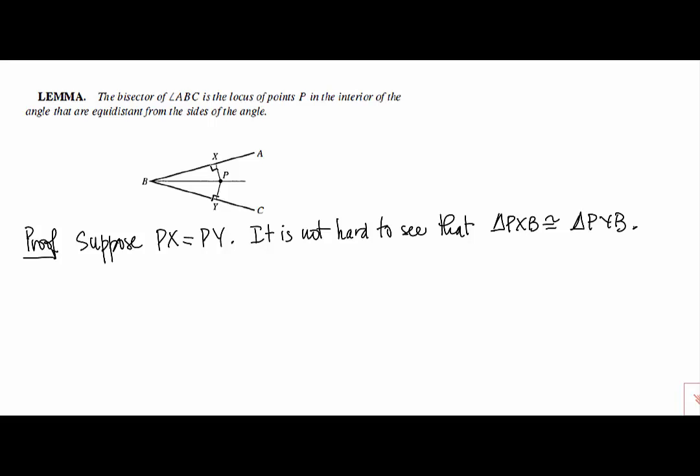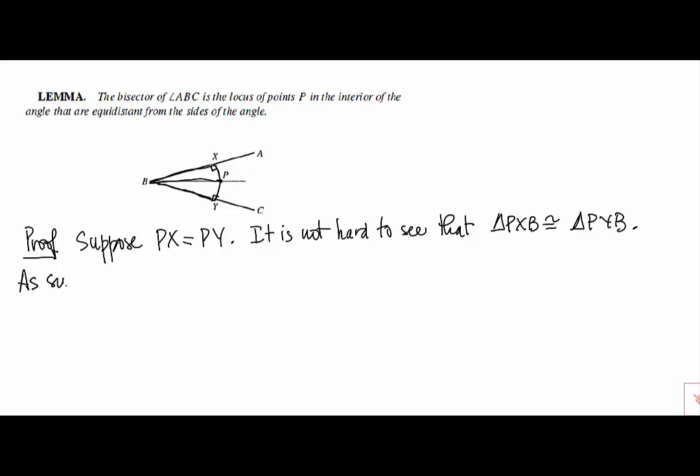So I'm looking at the triangle PXB, this triangle here, and then the triangle PYB, right? So it's a simple exercise to verify that these two triangles are congruent.